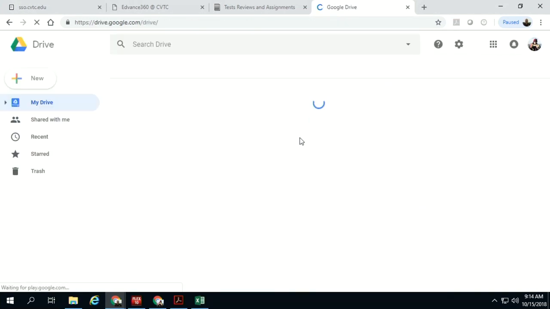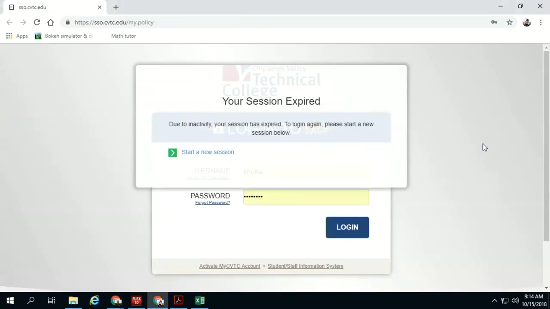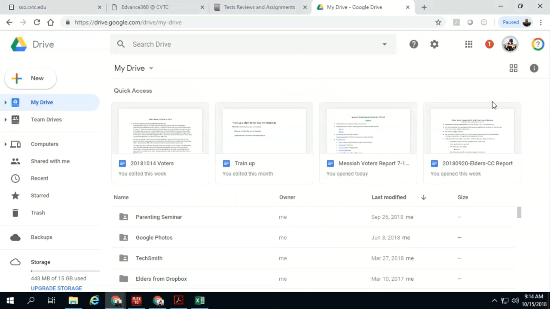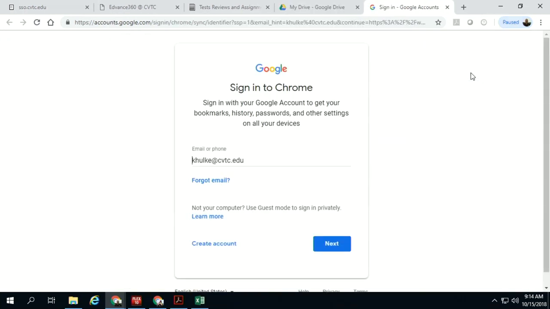Can I just tell her where I vote? What? They have it outside. Why did it switch to that account? Come on. No. Paused. Okay. Oops, that's not what I wanted to do. Sign in again.